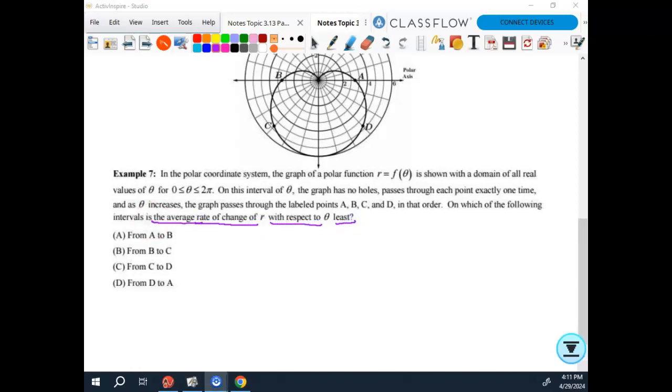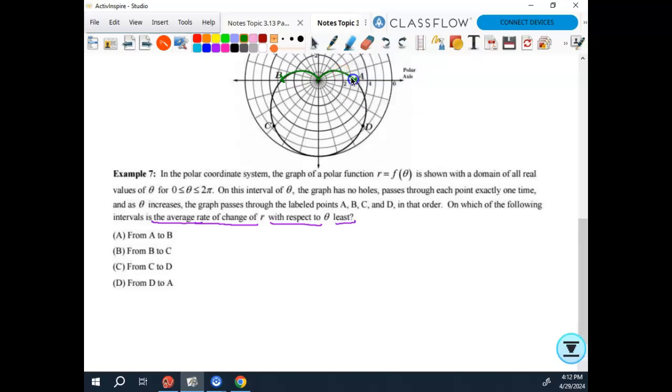Okay, so from A to B, I go from A to B like this, then A and B have the same r value, because here, I start here at 0, because it says we start at A, so I go to 0, this is the angle.